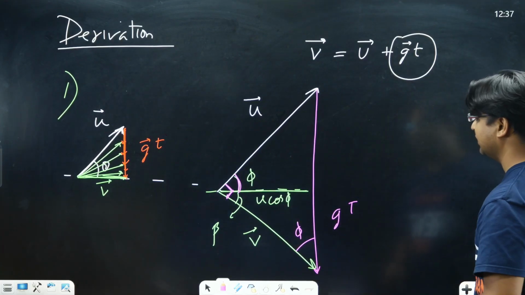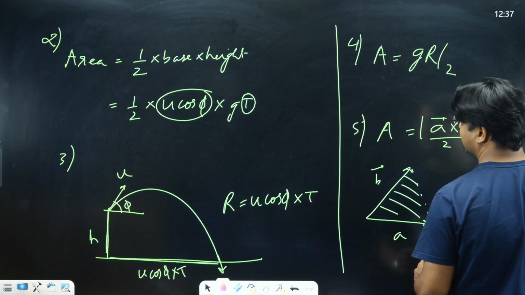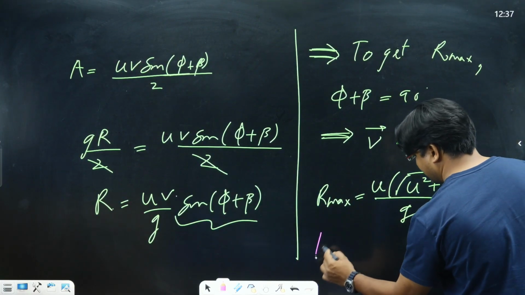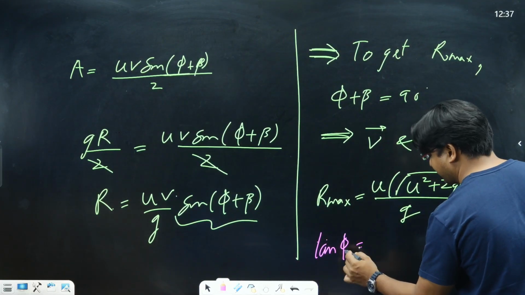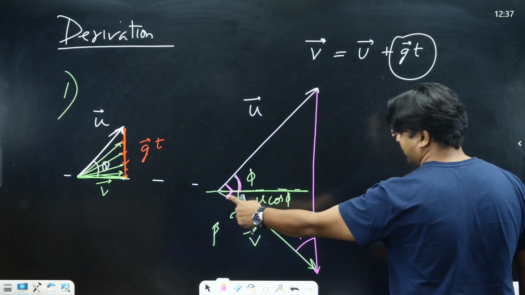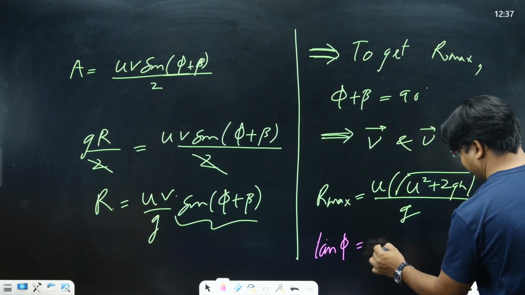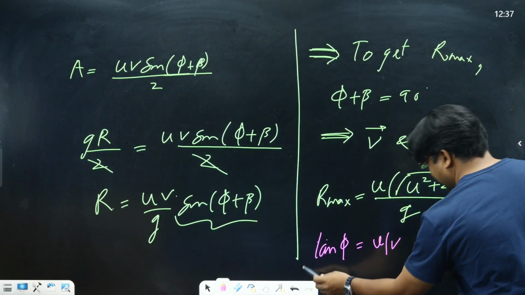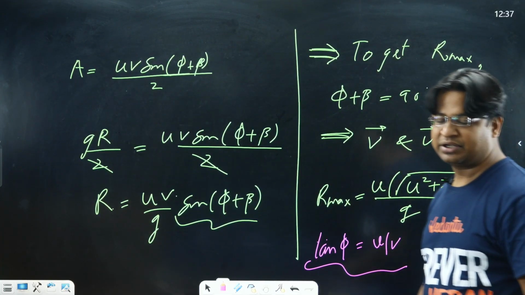So from here we can get the value of tan phi also. From here you can see that tan phi, let me write it here, that means the angle that we should be choosing for projection, tan phi, perpendicular upon base, so it should be u by v. So this is the angle at which we should project the particle to get the maximum range.